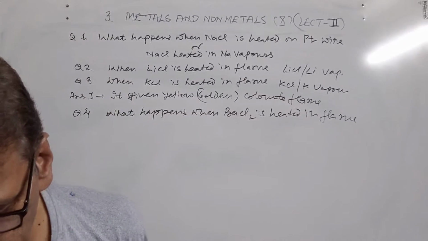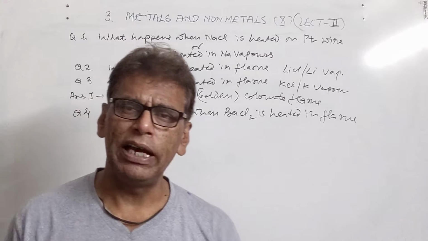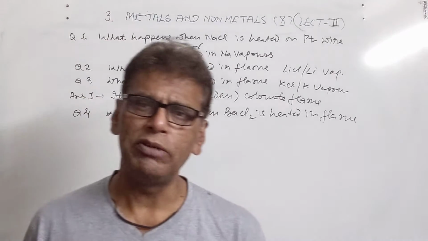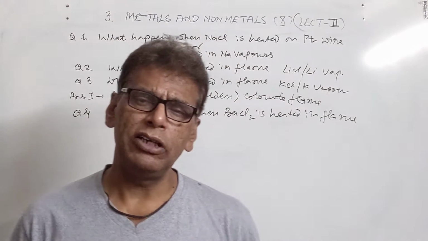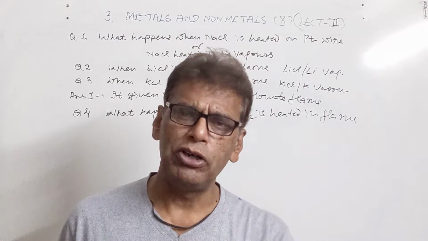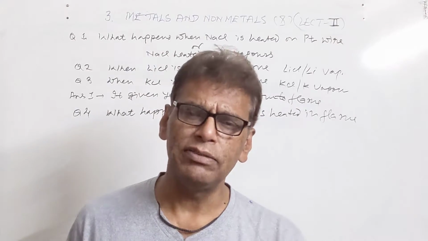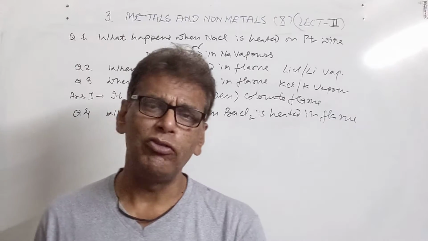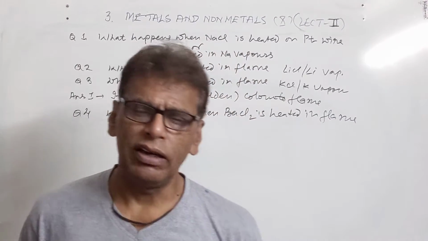Then, perform an experiment which will prove that salt solutions conduct. This is a very simple experiment. You take copper sulfate or sodium chloride solution in the voltameter. It is then fitted with two electrodes. When electric current is passed through the solution, it starts passing because the electrolyte produces oppositely charged ions. Anions start moving toward the anode and cations start moving toward the cathode, and it results in internal conductivity.